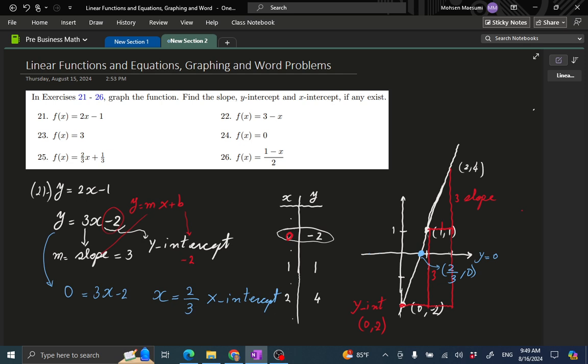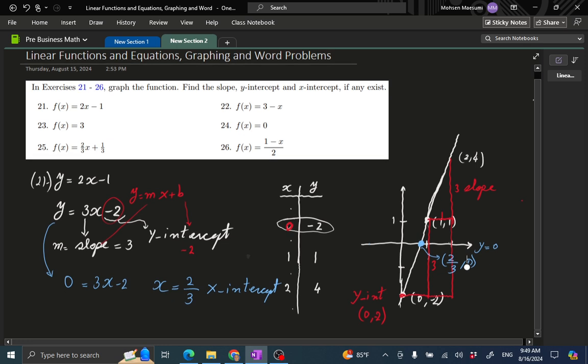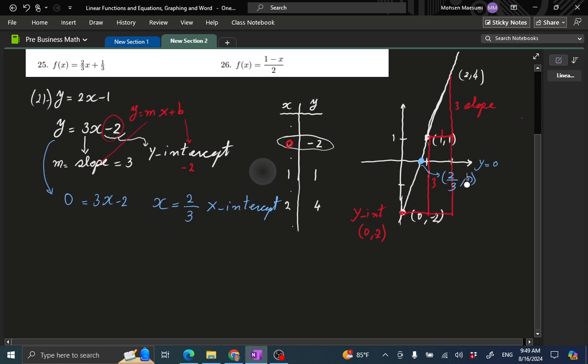Now let's take another example. What if our numbers are a little bit unfriendly, like fractions, decimals, and so on. So some practical issues come up. What do we do in that case? So for example, let's take a look at problem 25.